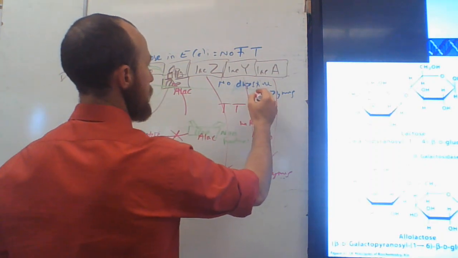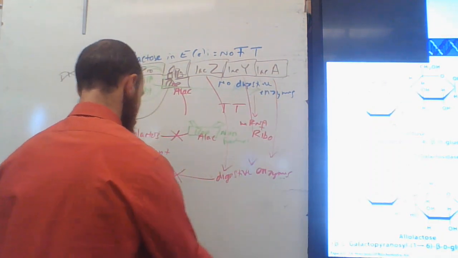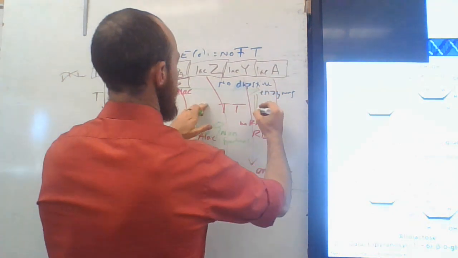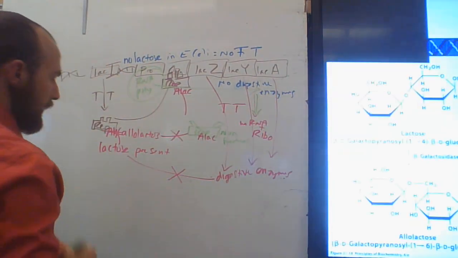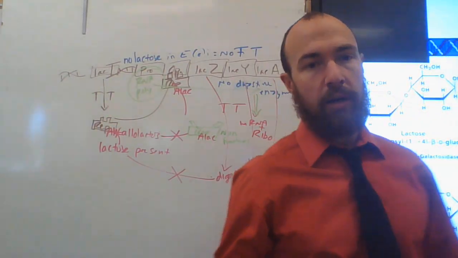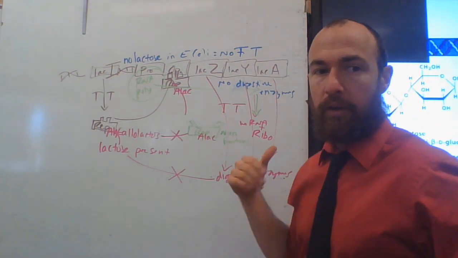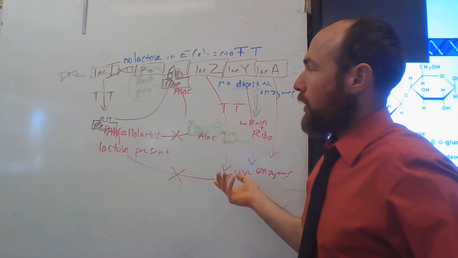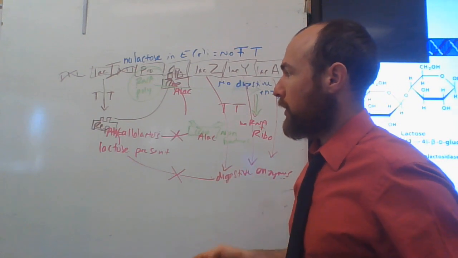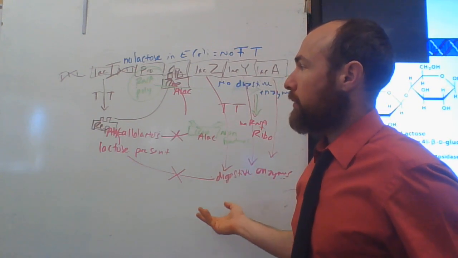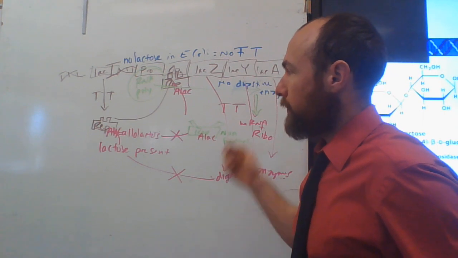RNA polymerase is what gives us, so it was green, we can draw it like that, that gives us that when that's present, okay? Obviously this is kind of a messy diagram, but I just want to show you the basics. If those diagrams don't seem easy, being able to draw this is a way to learn. You could also write things out, but that's the way to do it, okay?